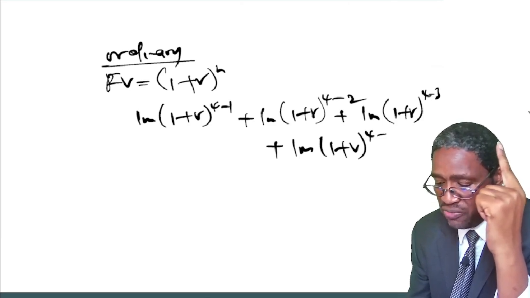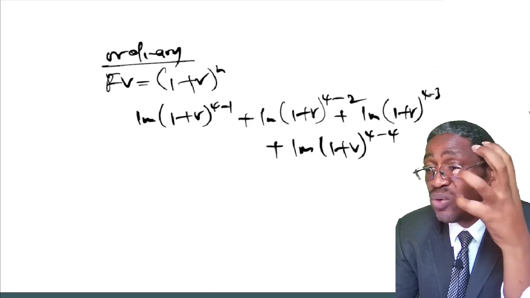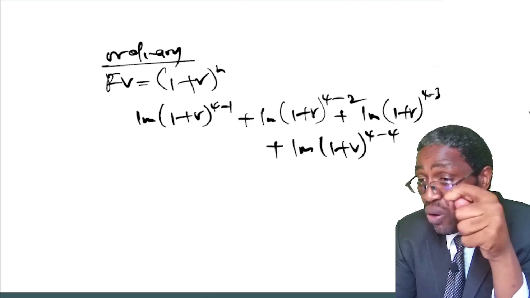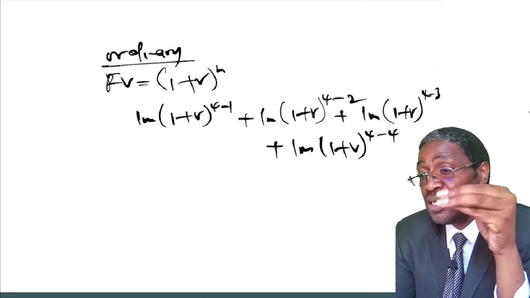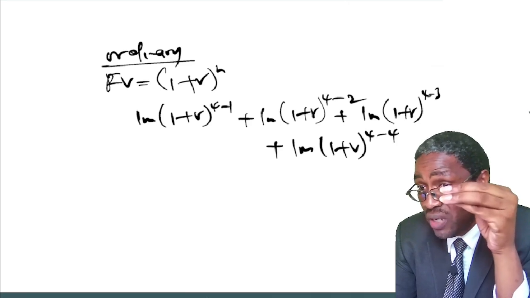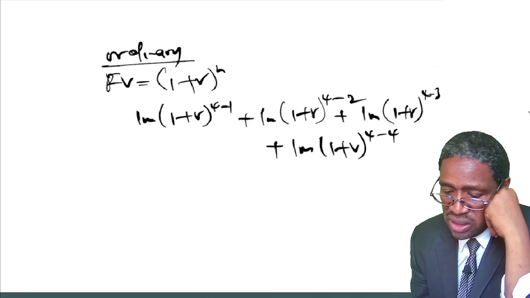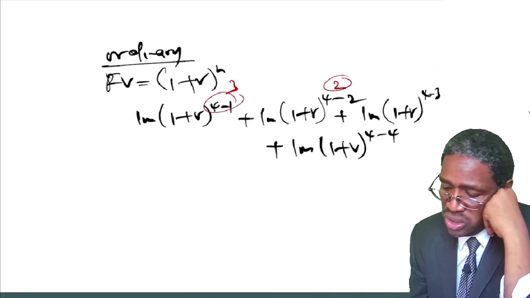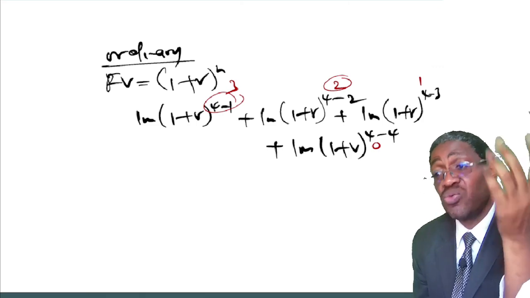So I minus 4, because it will earn me no interest. So the power there should be 0. This means this becomes 3, this becomes 2, this becomes 1, and this becomes 0. And of course, any power raised to 0 is 1.